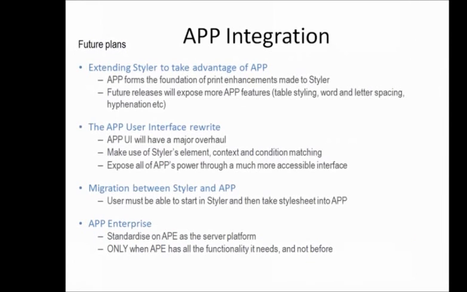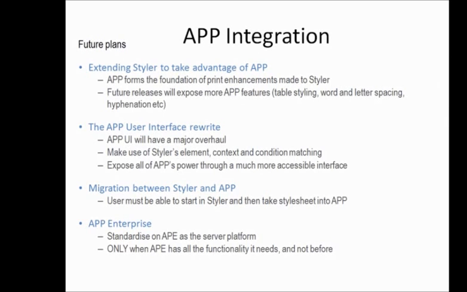So just a brief review on the future plans. Simon will go into more depth on this, so I won't take up too much of this, but it's just worth noting that Styler and APE will be extended further during the next few releases to expose more of APP features and functionality to the Styler interface and therefore the rest of the Arbortext suite.